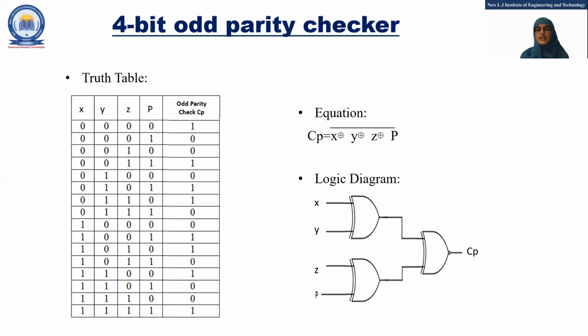So the logic diagram will be X, Y as the input of the first XOR gate, Z, P as the input to the second XOR gate, and both outputs will be the input to the XNOR gate because there is a complement of these 4 terms. This will generate the odd parity check CP. This is how we can make the logic diagram of the 4-bit odd parity checker.